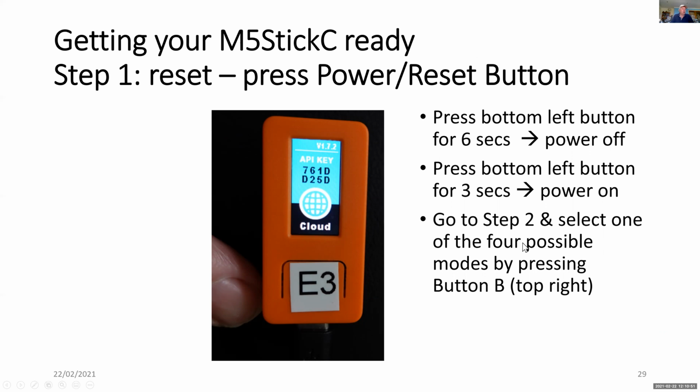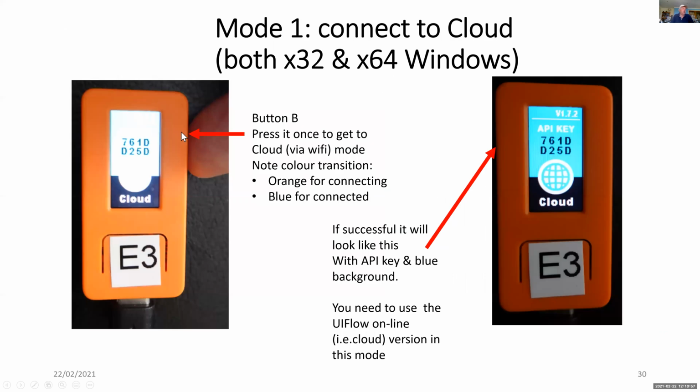So we'll now go to the next step, and the important button here is on the top right, and that's button B. So if you press that once, you'll go into cloud mode. If you press it twice quickly, you'll go into USB mode, or if you keep on pressing it, you'll go into 2 other possible modes.